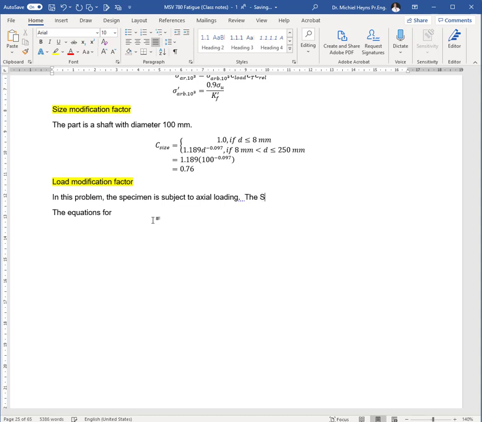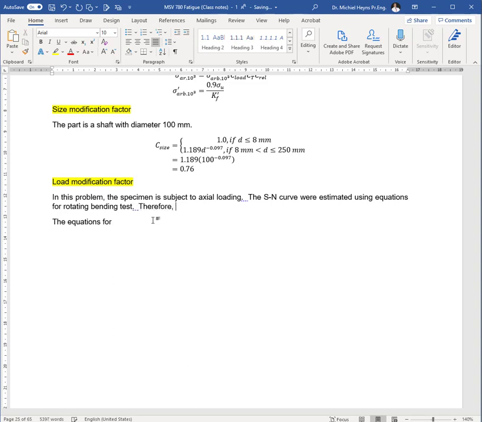The SN curve parameters were, let's say, the SN curve was estimated using the equation for rotating bending test.